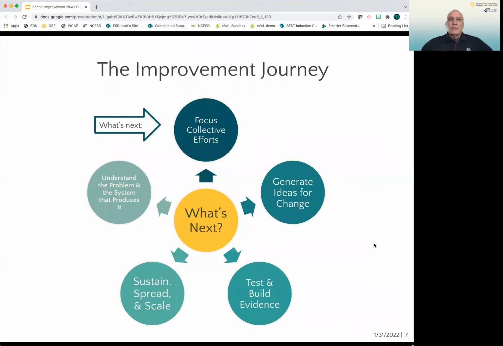Based on what you learned by looking at your data and problem investigations, you have hopefully identified a specific goal or priority concern and some potential root causes that need to be addressed. Crafting a solid goal statement is the first step in focusing your team's collective efforts.